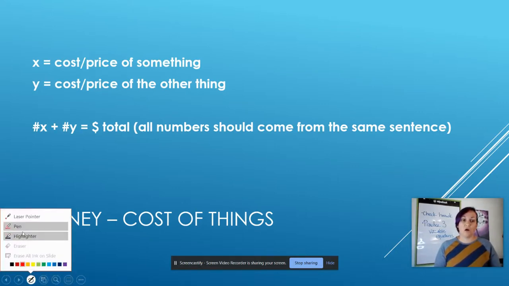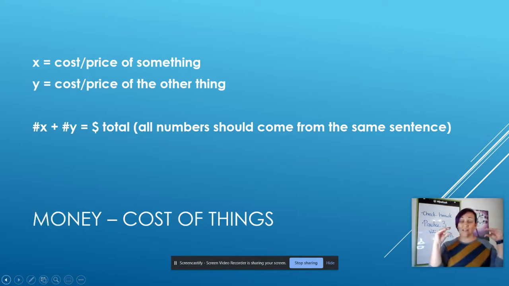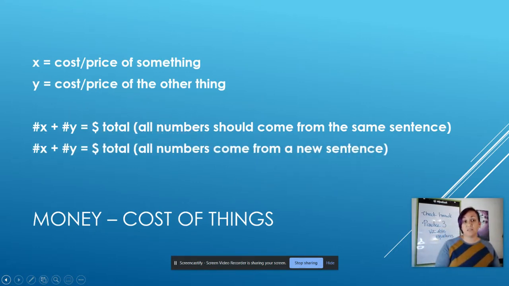And again, usually all 3 of those numbers will be in a single sentence. So you read that sentence and then you write an equation. The next sentence will probably be very similar. Instead, I bought this many, and this time it cost me this much. So again, all of your numbers come from a single sentence. You'll have an amount, and it'll equal a total money.